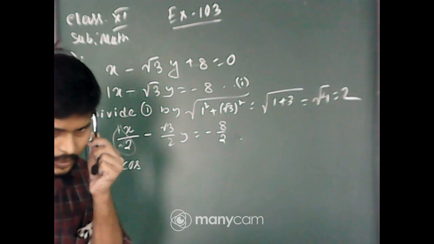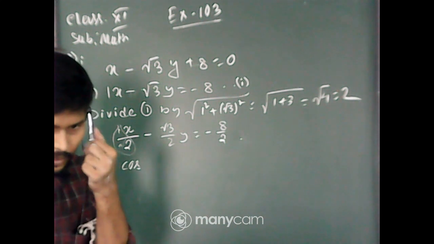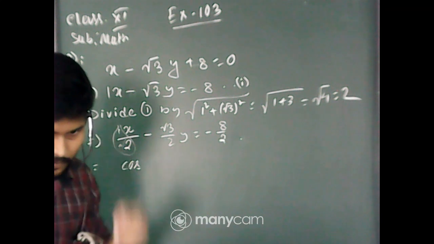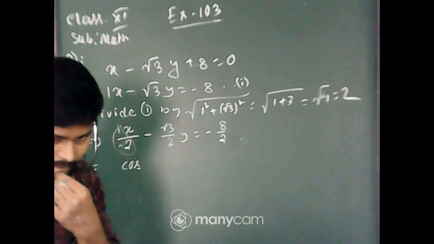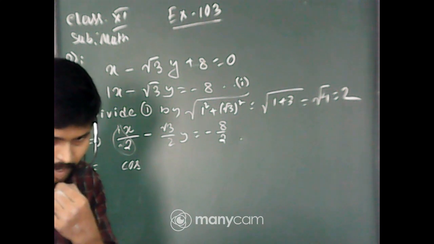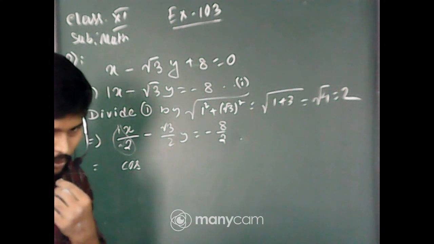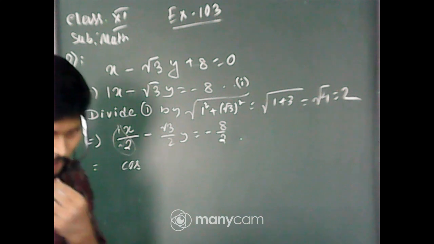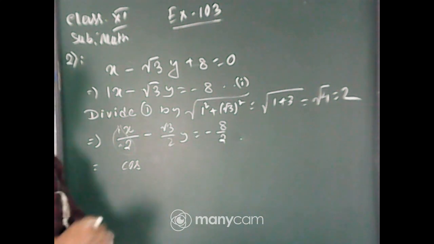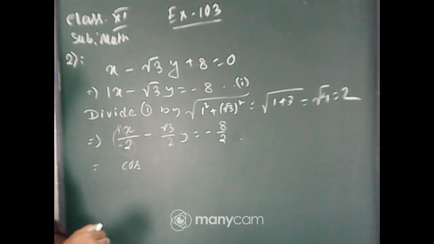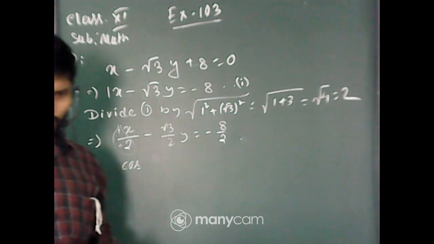Cos of which angle is equal to half? No, not cos 45 degree. 120 degree. Yes, you can say directly 120 degree.